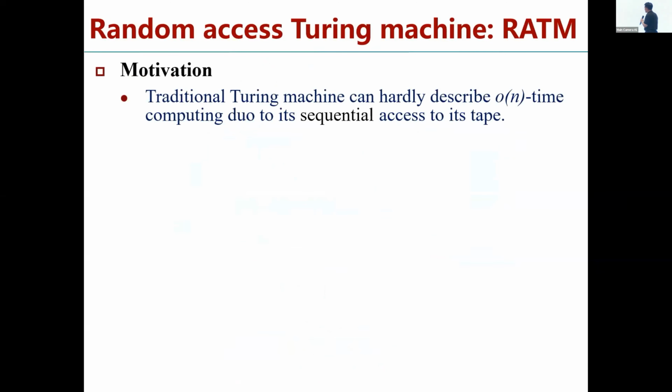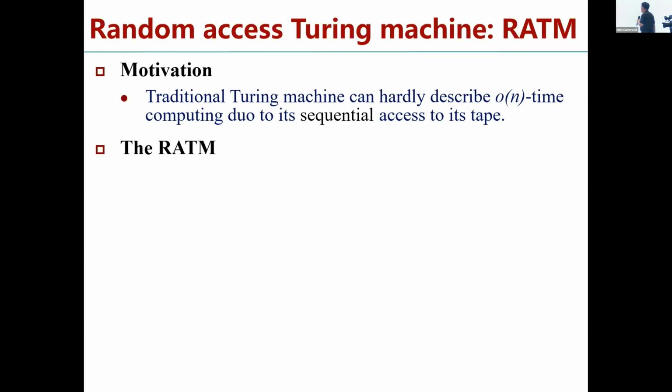As you know, the traditional Turing machine can hardly describe sublinear time computing due to its sequential access to its tape. So we need a mechanism to randomly access the tape.